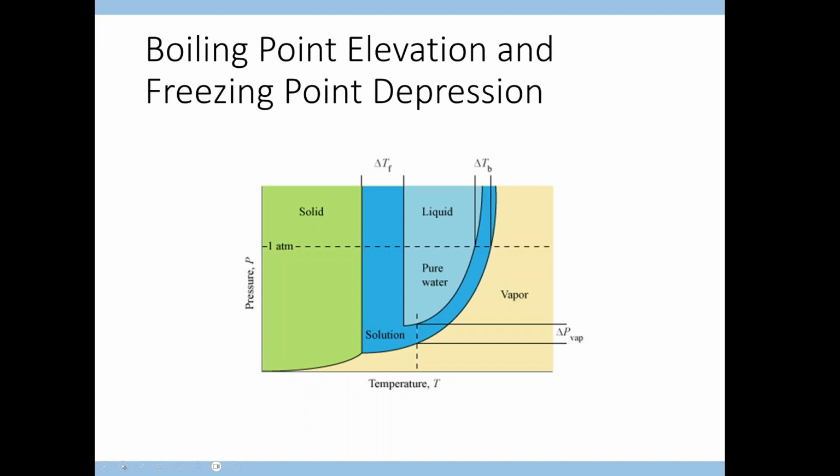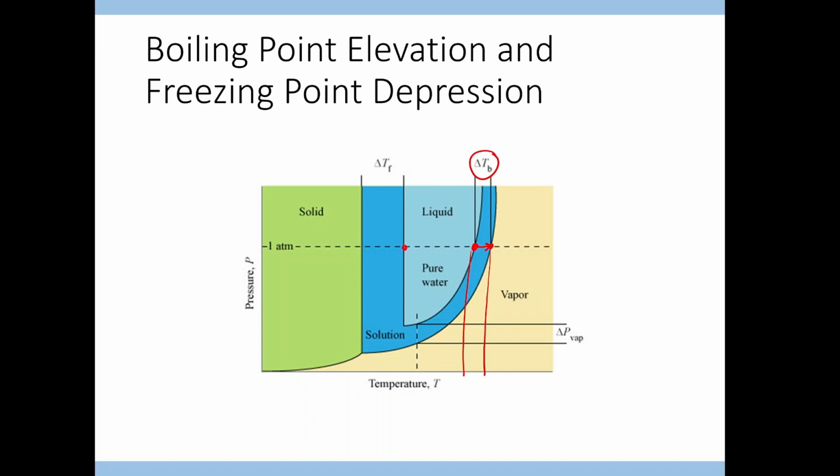Notice that we have this dark blue area that I'm adding that red line to. This shows that for pure water, this is the normal boiling point. And with a solute, the boiling point is elevated to a higher temperature, right? That change is the delta T for boiling.